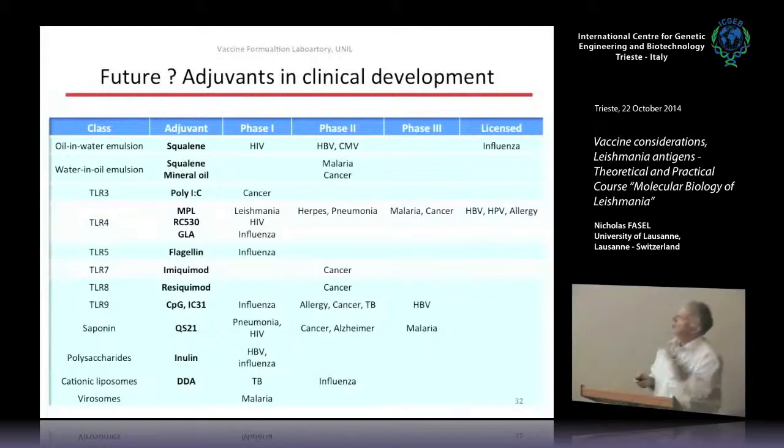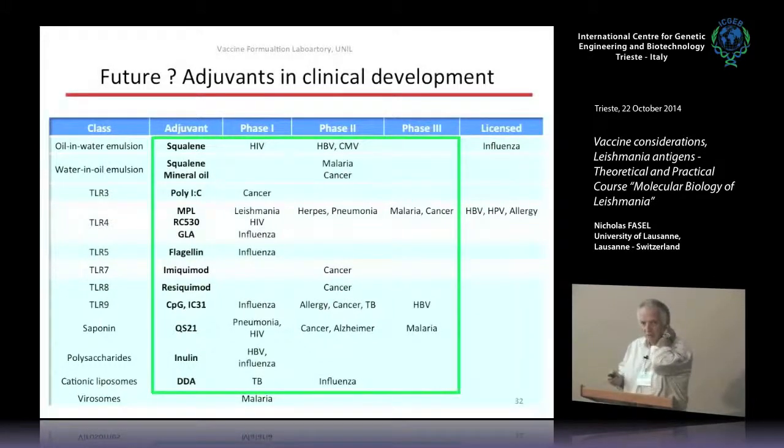So which are the ones in development? Now you have a whole series. People realize that we need adjuvants, and most of them are the ones which act through TLRs, 3, 4, and so on, saponin, polysaccharides, and so on.